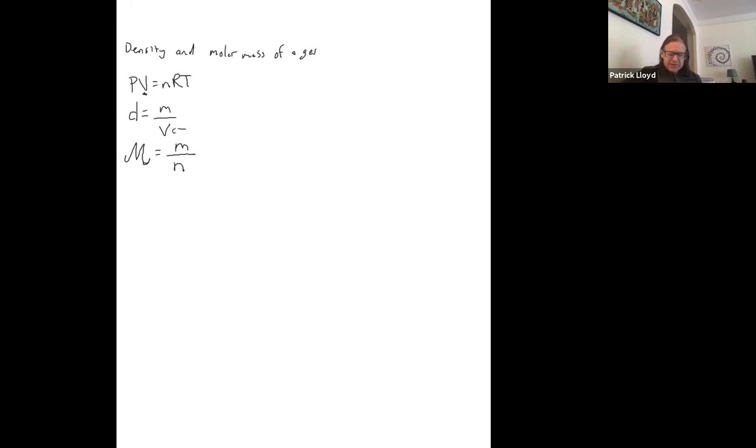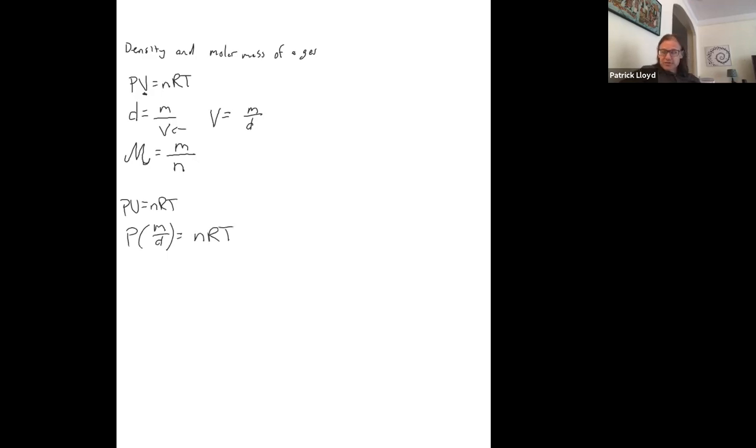So if we rearrange the density equation to have the volume on the left side, volume would be mass over density. So I'm going to substitute that in. Now PV equals nRT becomes P times M over D is equal to nRT.